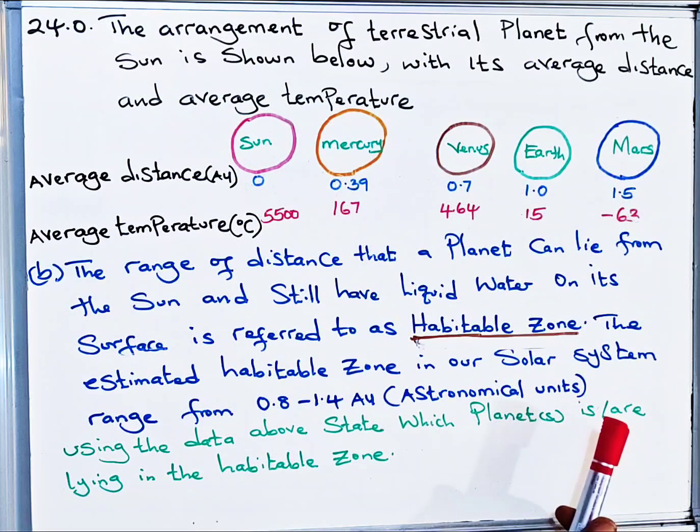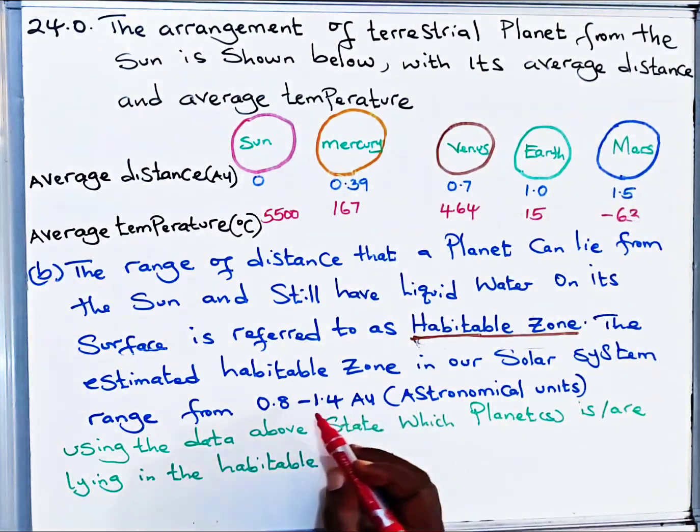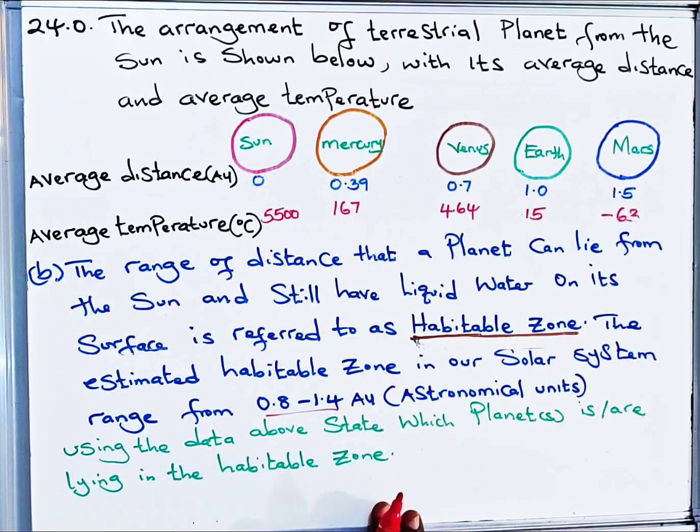Then the question comes and it says that using the data above, state which planet or planets is lying in the habitable zone. Here we have to remember that they have given you the range of the habitable zone. It's between 0.8 and 1.4.